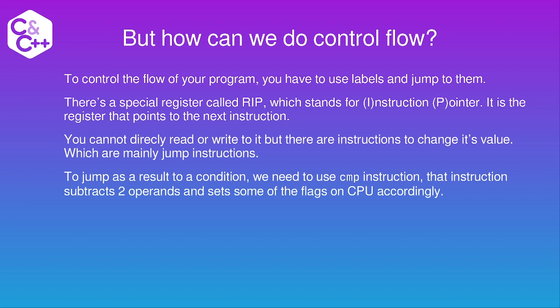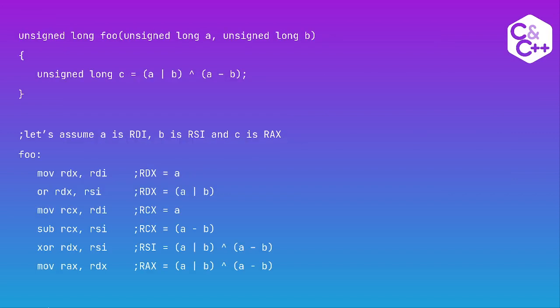This is called jumping. There is this register called RIP, which stands for instruction pointer. It is the register that points to the next instruction to be executed. So let's say we were here, we execute this, RIP now points to this.